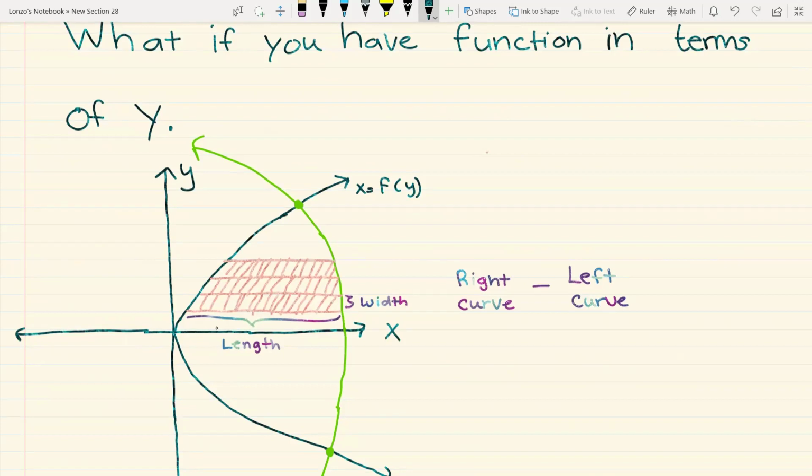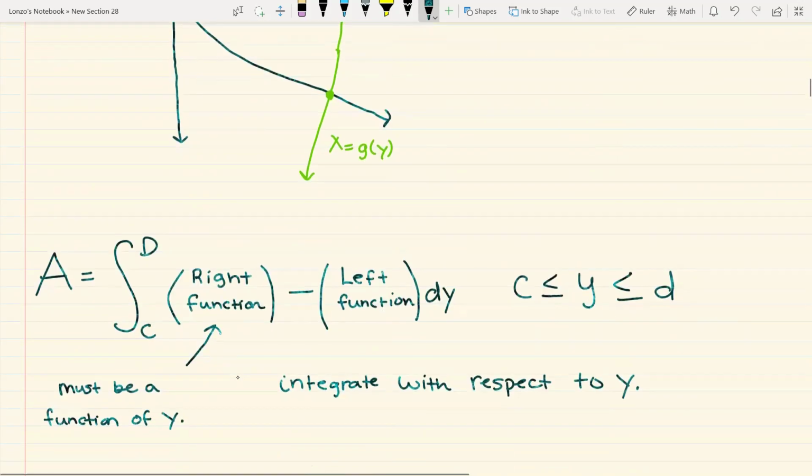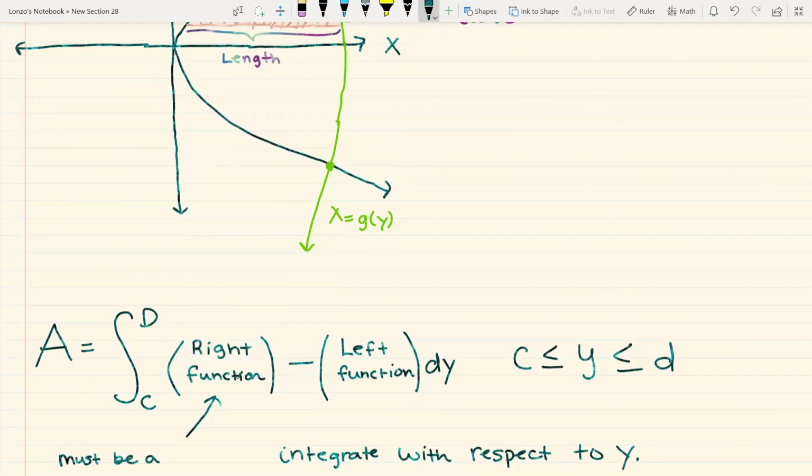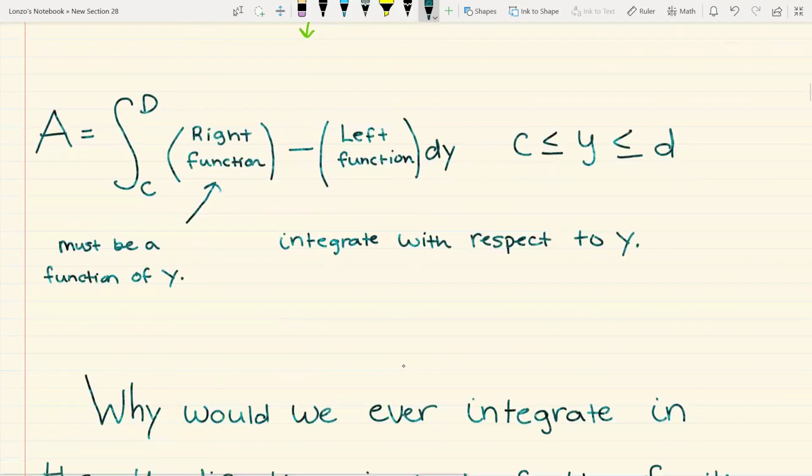So if it's in terms of y, your height is right function minus left function, and everything has to be in terms of y, and you must integrate with respect to y.